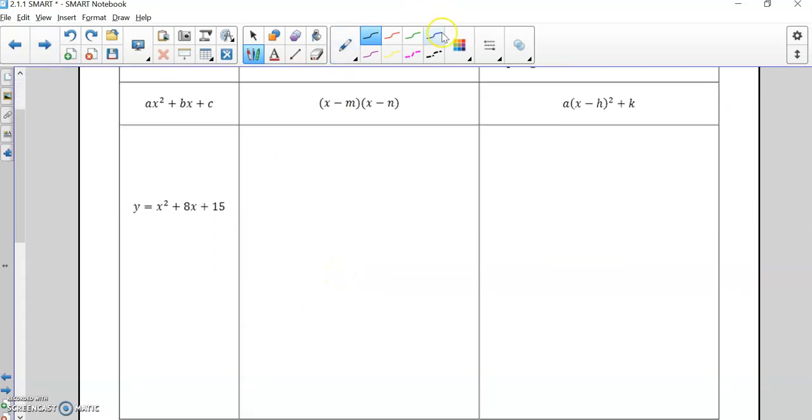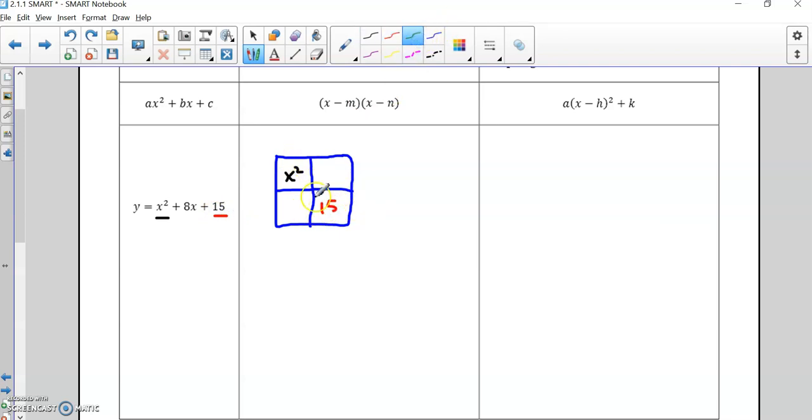Okay, so let's start with our box. Just like before, we start with our first term in the top left box, and the third term in the bottom right box.